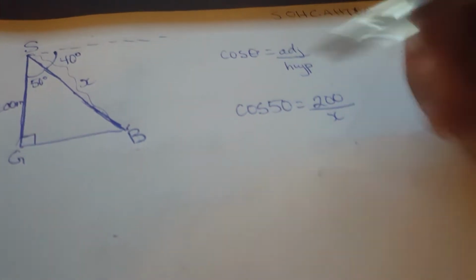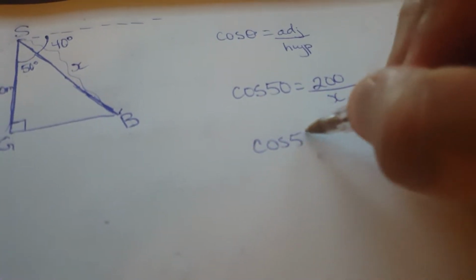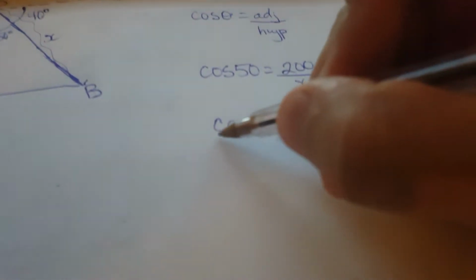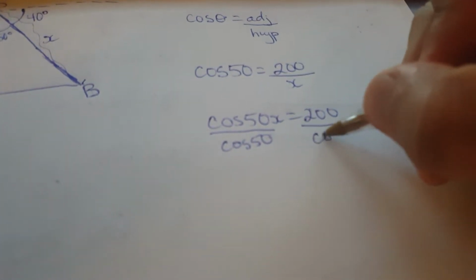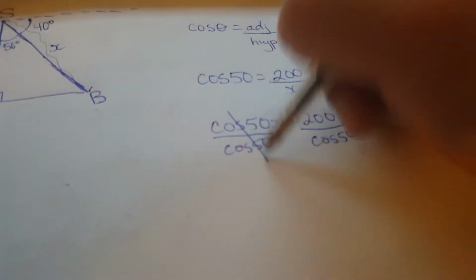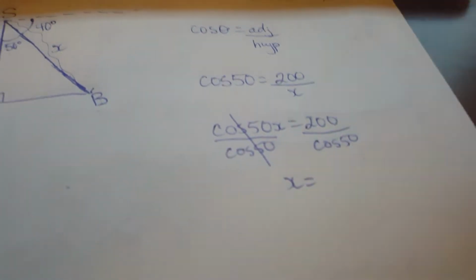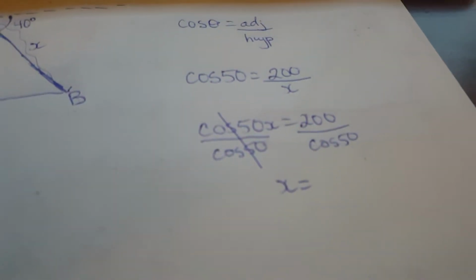So the same thing we did in class, we cross multiply, so we get cosine 50 times x equals 200. Then in order to get x by itself, I'm going to divide by what's attached to x. So I divide by cos 50 on both sides, those cancel out, and I'm left with x equals, and then I go to my calculator.